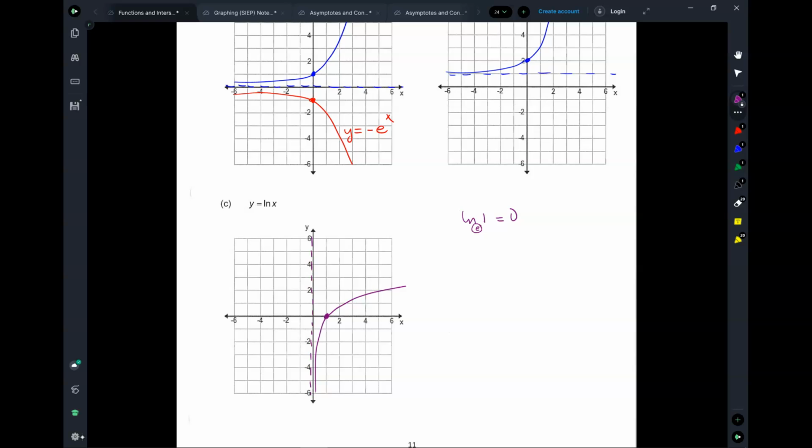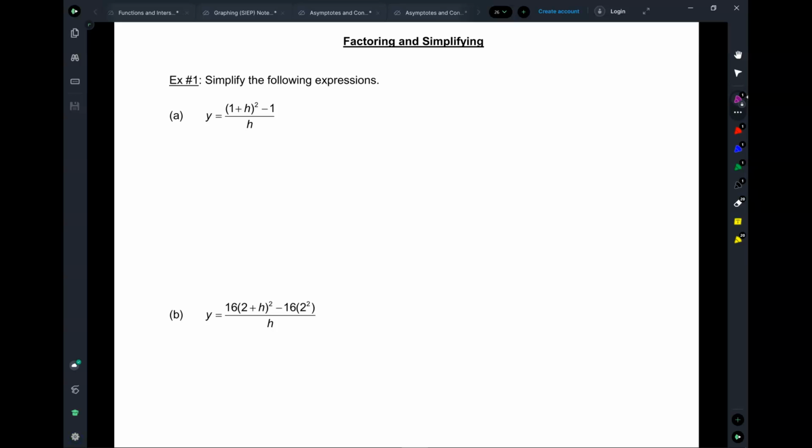From this, we're going to move on to the other handout. Both a and b are expressions that we need to simplify, and they're both from chapter 12.3, where we did f of x plus h minus f of x. We can do that rather quickly. There is no limit here, we're just simplifying.